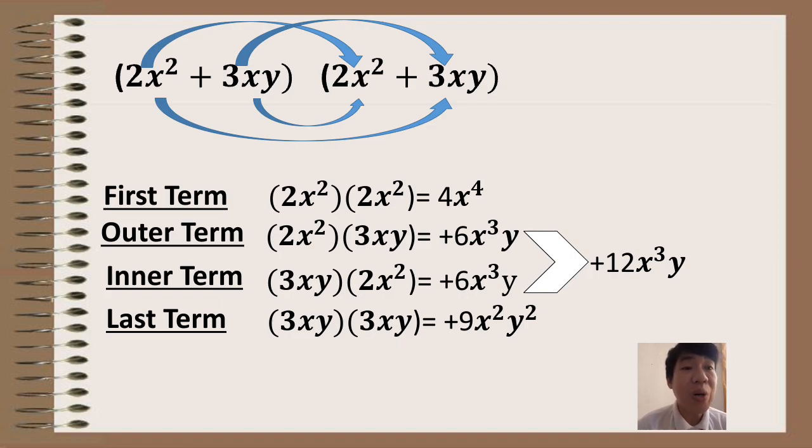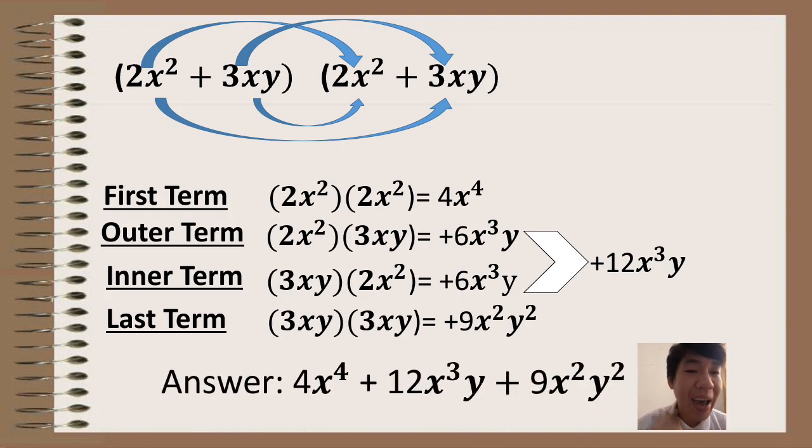Then, we combine the similar terms. So, we have similar terms, 6x cubed y plus 6x cubed y is equal to 12x cubed y. So, we have the answer of 4x raised to 4 plus 12x cubed y plus 9x squared y squared.